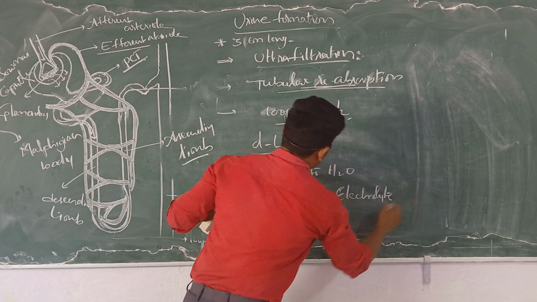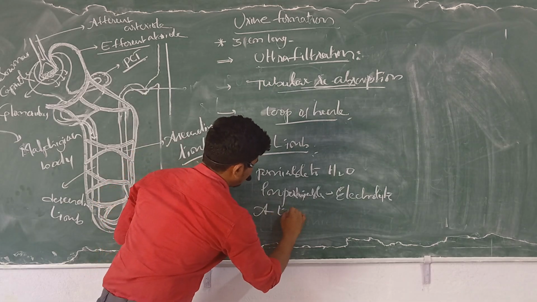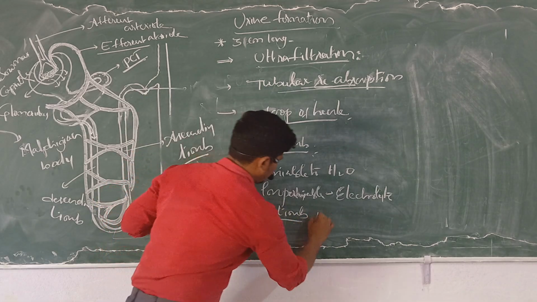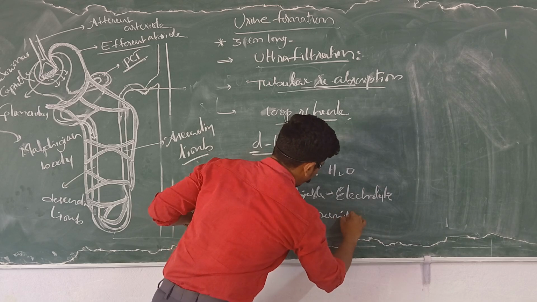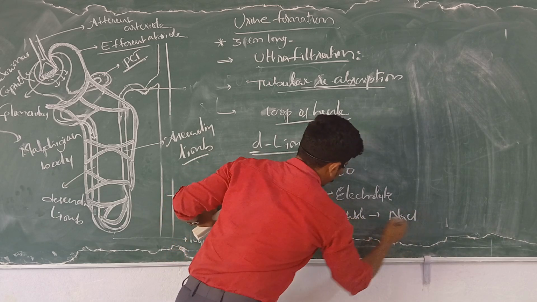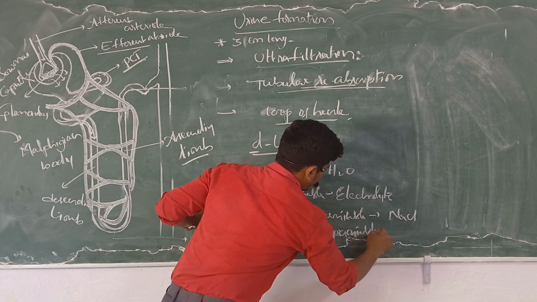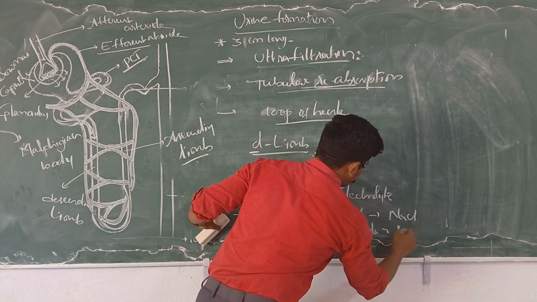The ascending limb has the opposite action: permeable to electrolytes and impermeable to water.